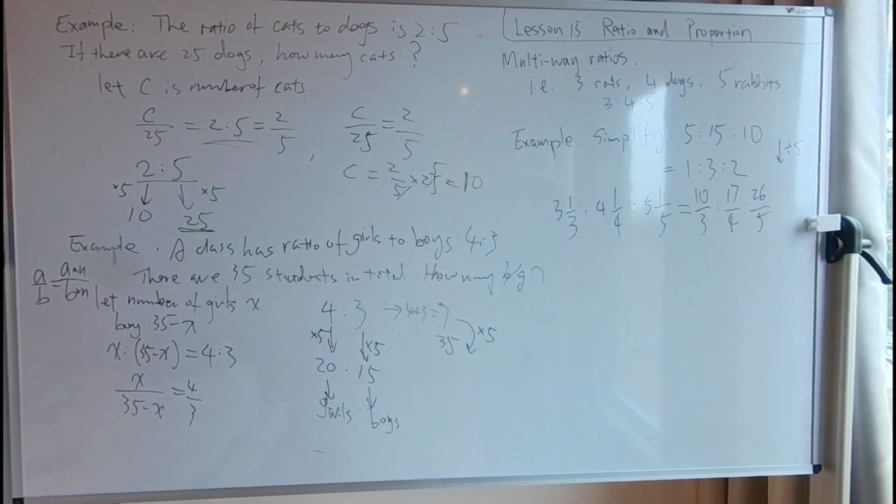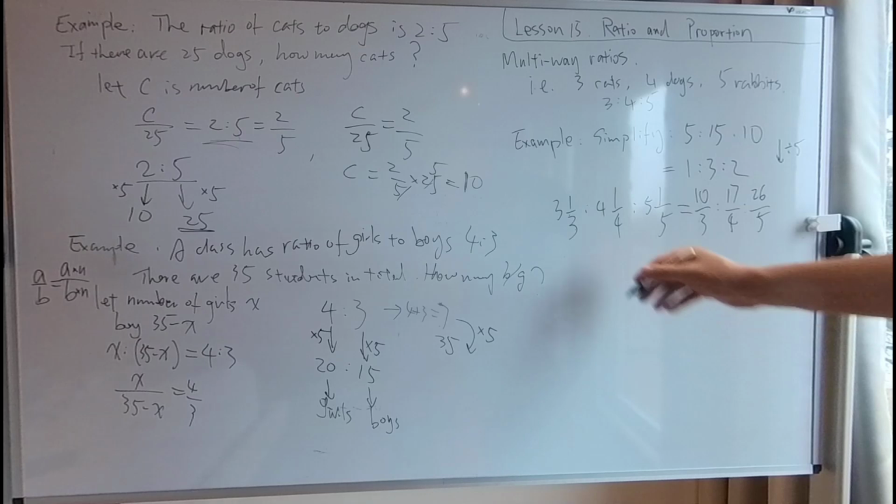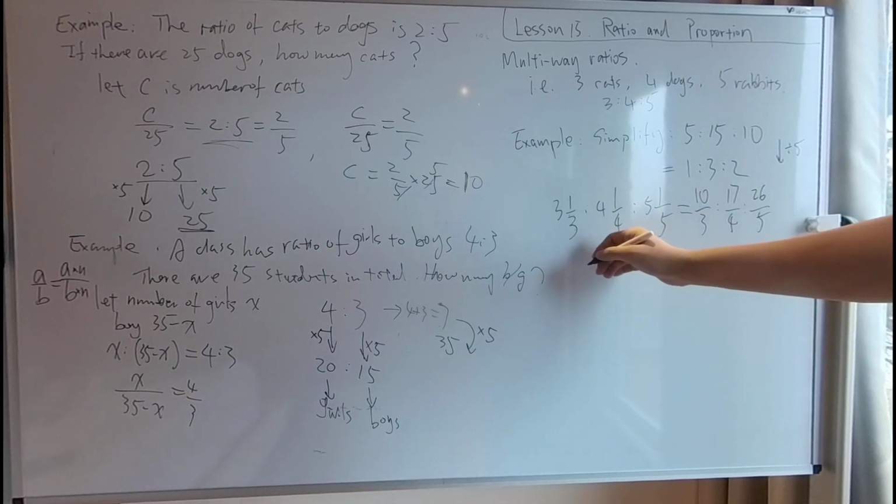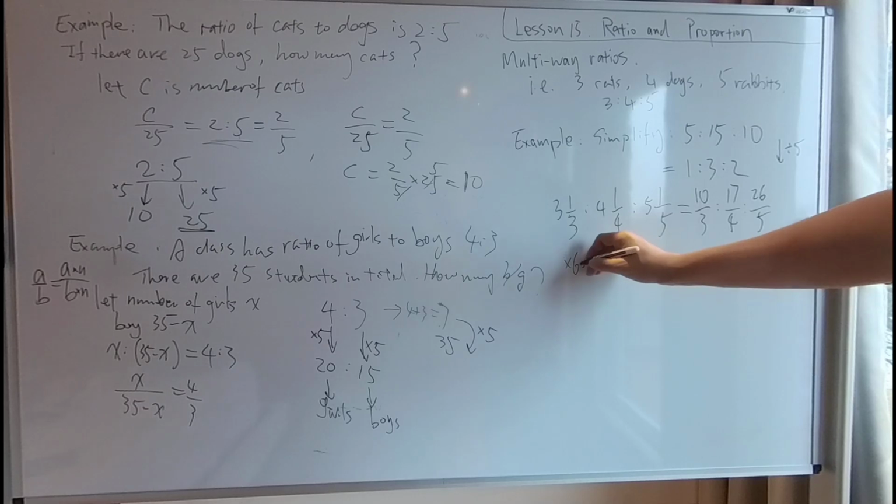And here again, I want to convert the fractions into integer numbers. That means I want to cancel out the denominators by looking for their common denominator. 3 times 4 times 5, like remember what we learned about looking for common multiples. So at least a common multiple is 60.